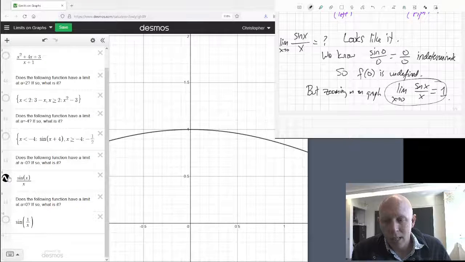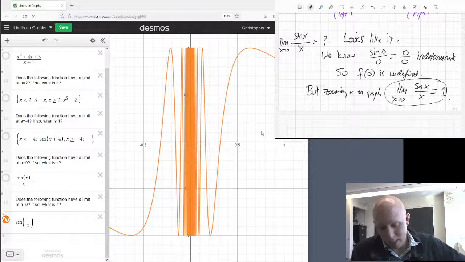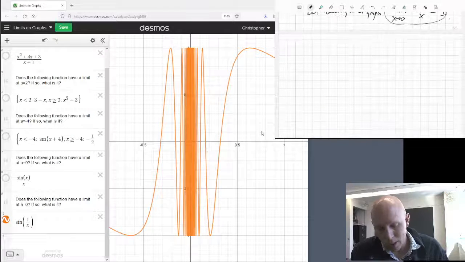All right, and the last example that we have here is sine of 1 over x. This is very similar to what we saw last time.